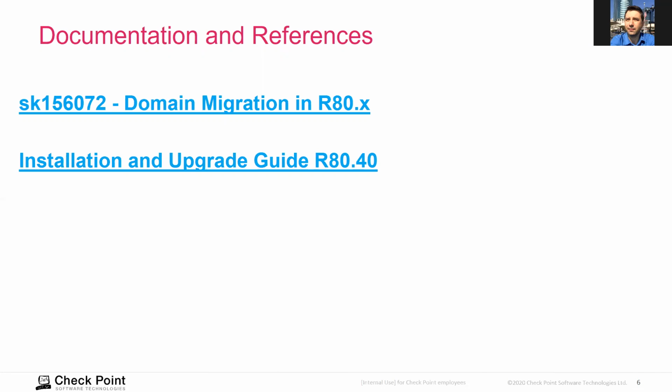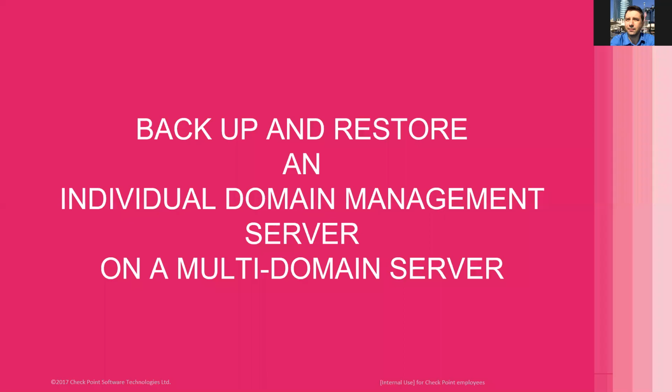Okay, so let's dive into each of the scenarios. The first one is to back up and restore an individual domain management server on a multi-domain server. You just back up an individual domain management server.